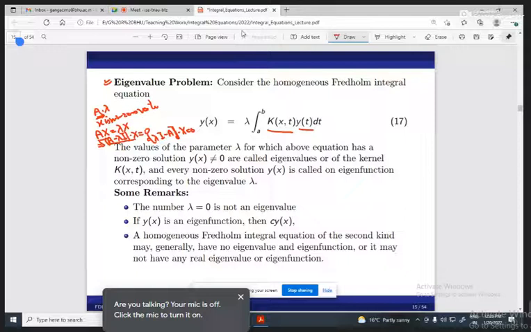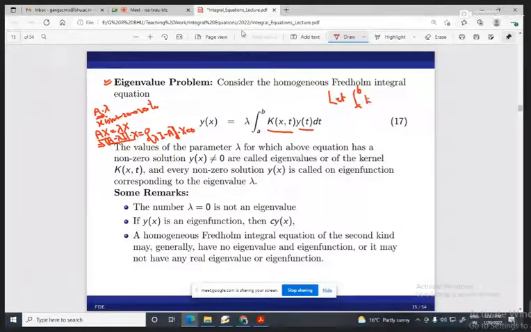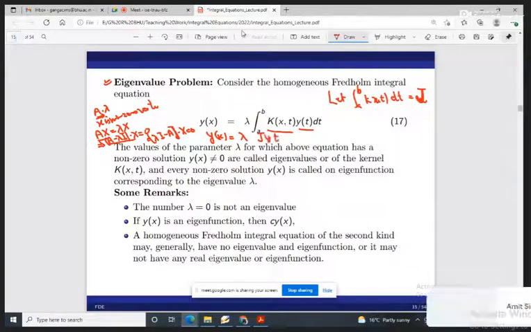Okay, suppose the integral from a to b of K(x,t) dt is an operator. I write this operator as J here. Then this expression can be written as y(x) equals lambda J y(t), where J is this integral operator.